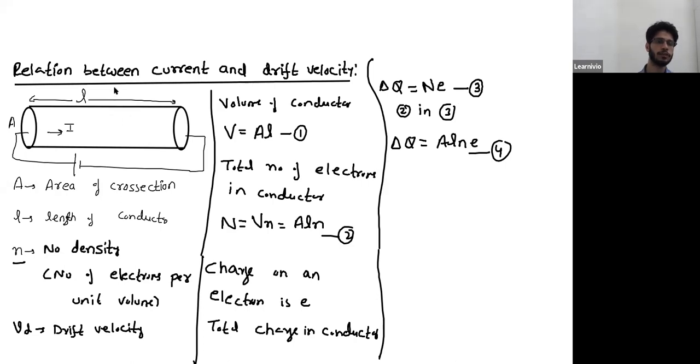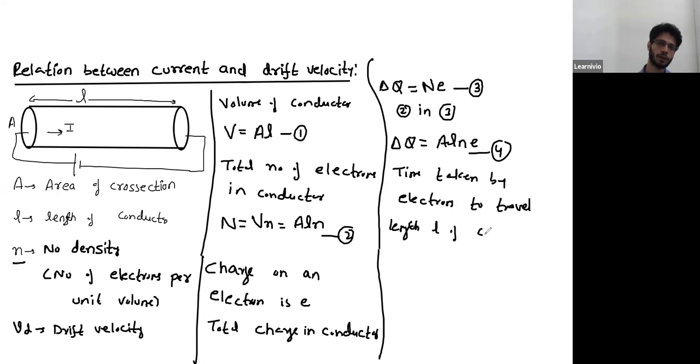Now, Afroza, again on you. If the drift velocity is Vd and the length of the conductor is L, I need time taken by electrons to travel length L of conductor. What would be the time, Afroza? I'm moving in sequence, each question for each one of you.